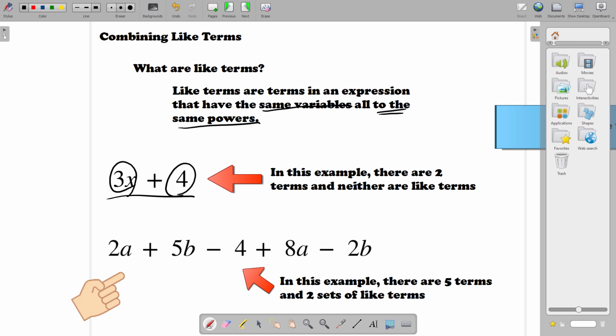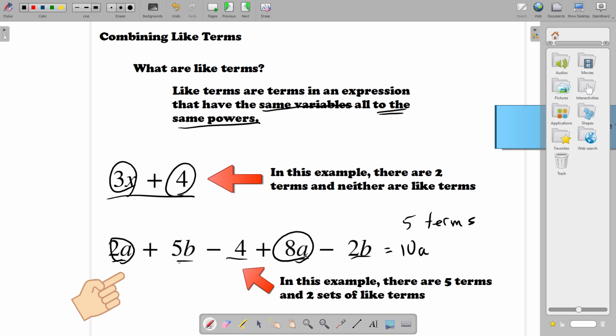If we look at this next example, we have 1, 2, 3, 4, 5 terms. We have a 2a term and an 8a term. Those are like terms. They can be combined. So 2a and 8a would give us 10a.